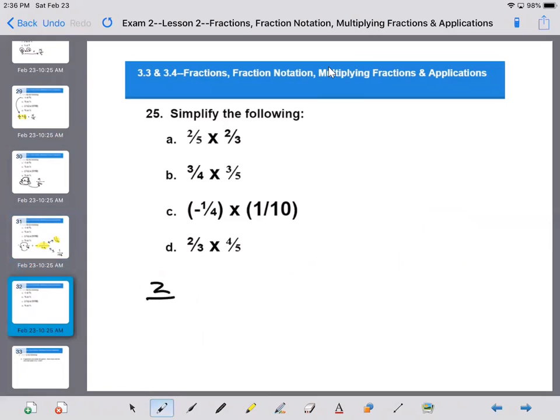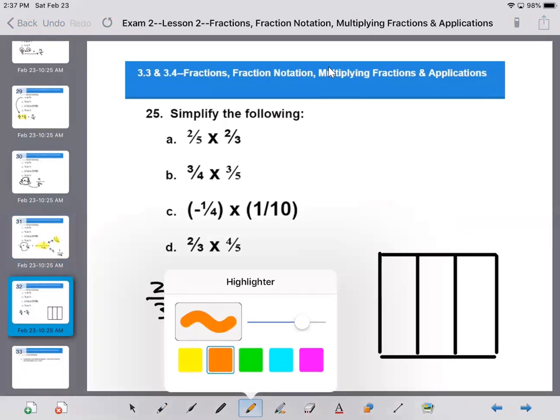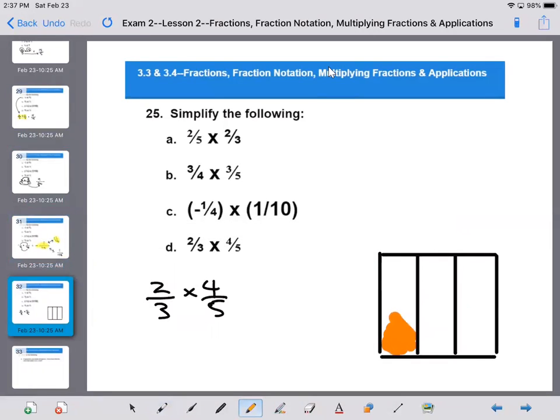And finally, if we take 2/3 and multiply it by 4/5, imagine seeing the whole divided into thirds, and you want 2/3, so you want all of this. But then of the 2/3, you want to find 4/5.